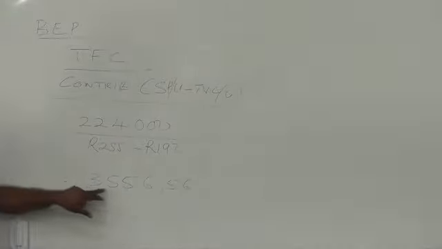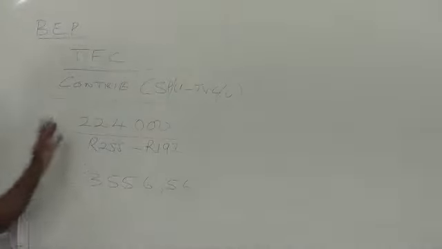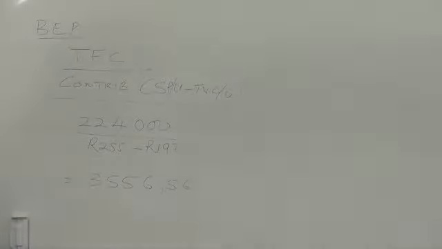Therefore, it will be 3,556 units. Now, what have I done? This is what is accepted at this point in time to answer question 2.3.1, but it's also the same formula for BEP, break-even point.